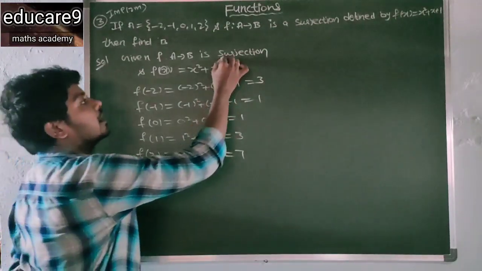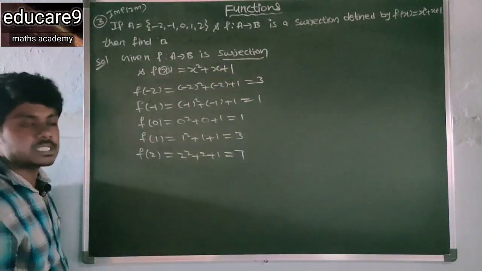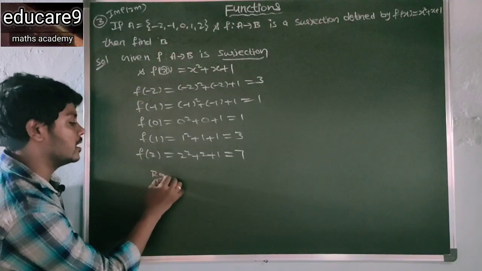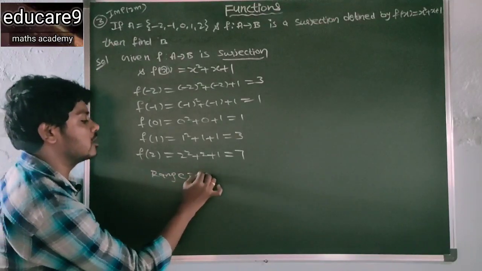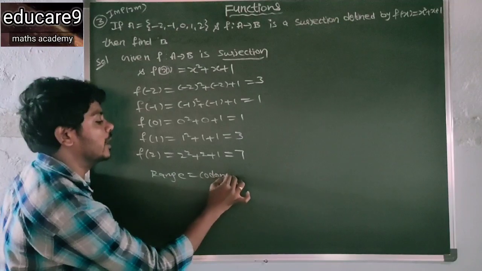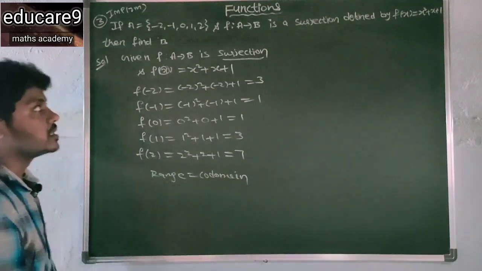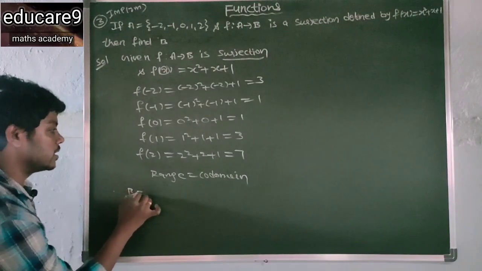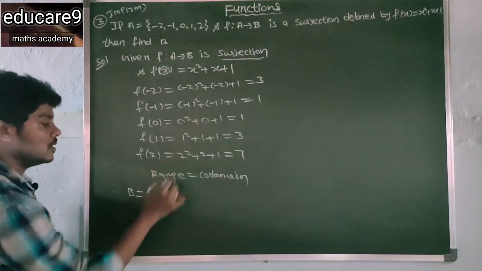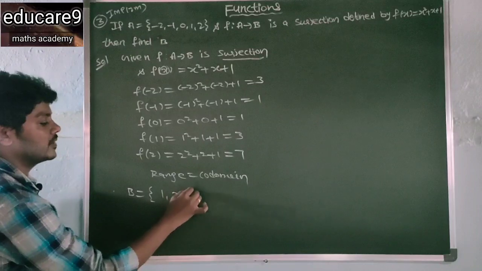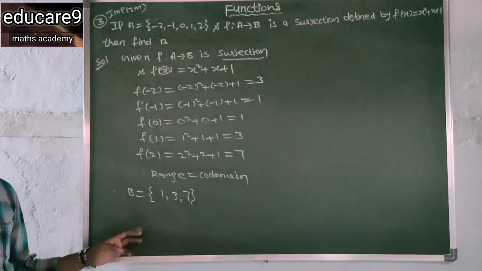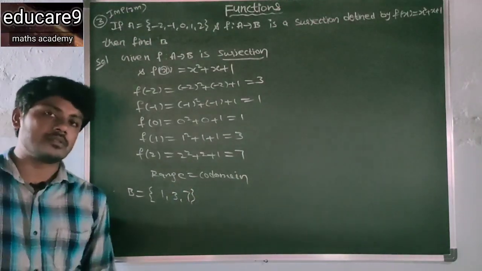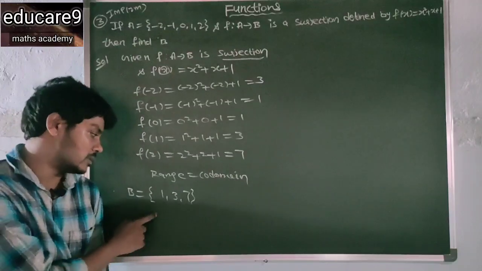But here the given function is a surjection, which means range is equal to codomain. Since f is a surjection, therefore B is equal to {1, 3, 7}. So these are the codomain values, that is B values.